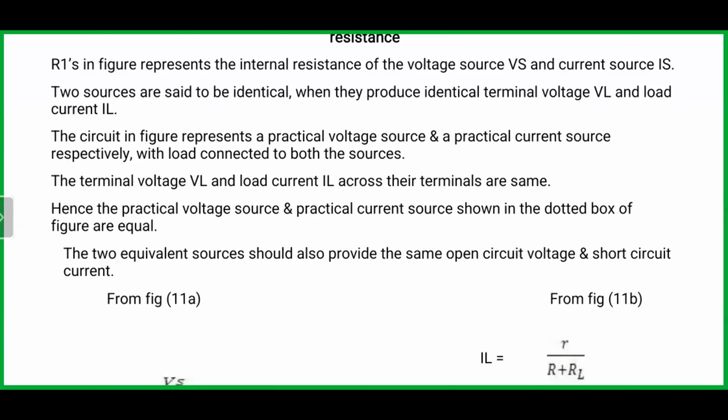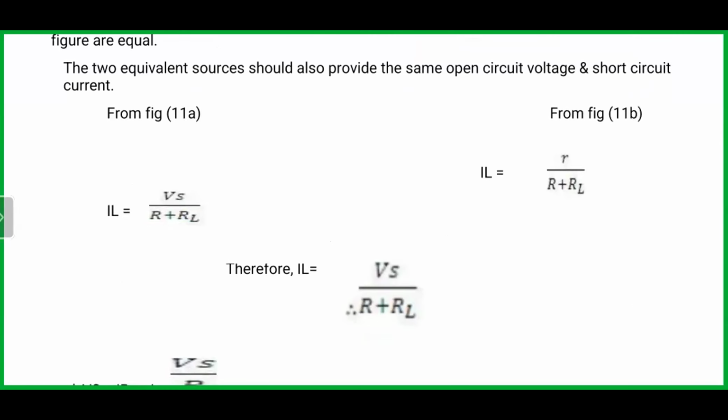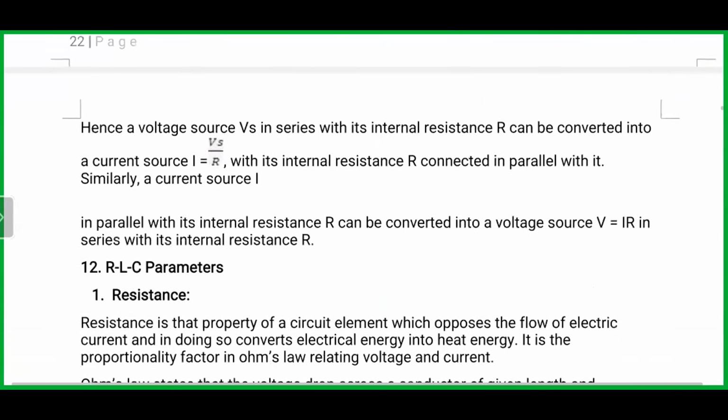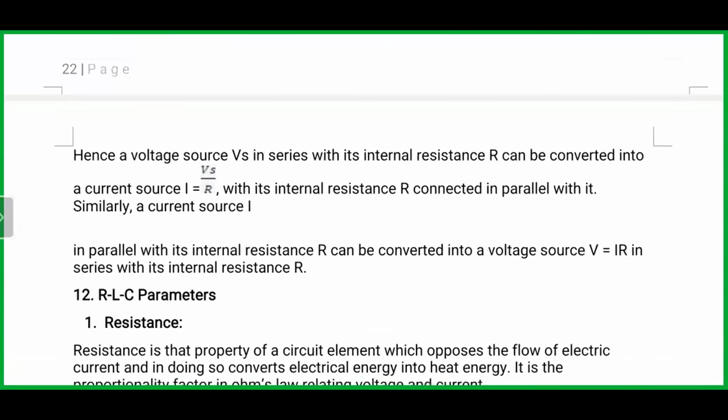Hence, the practical voltage source and practical current source shown in the dotted box of the figure are equal. The two equivalent sources should also provide the same open circuit voltage and short circuit current. So this is the mathematics behind it. Don't worry about this one.